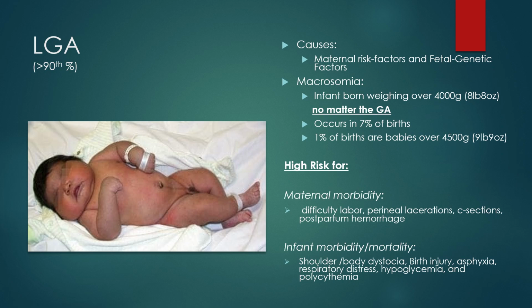Additionally, if the patient was a large baby themselves, if they've had other large babies, or there are any genetic syndromes that can be linked to an LGA baby, we would expect to see those greater than 90th percentile. Now, the other reason for an LGA baby could be maternal risk factors.